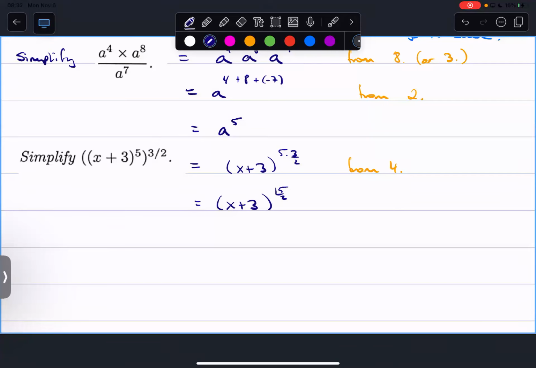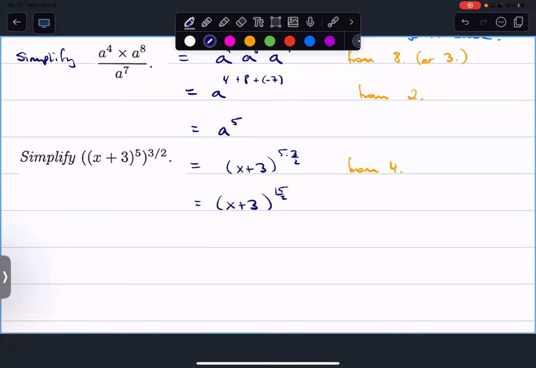You could leave it like this, but you could take the square root. That might look a little bit better. What do you have to do to take the square root? Technically, you don't have to show it, but what you're doing is splitting up that 15 and the 1/2.